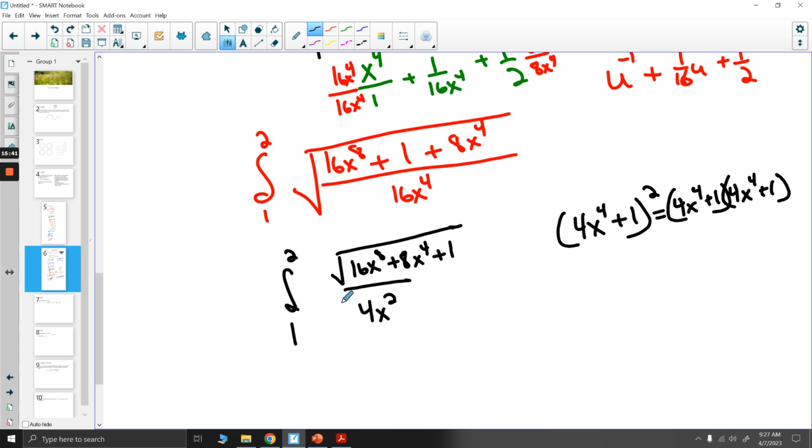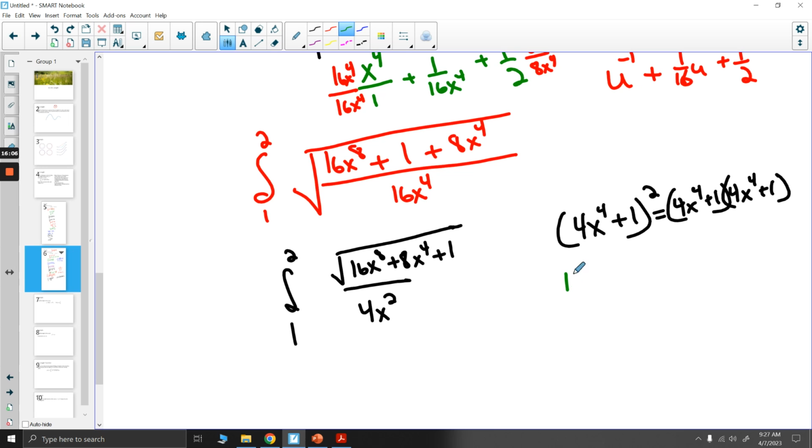I think that should do it. If I'm not sure, AC method factoring: 16 times 1, factors of 16 that add together to be 8, 4 and 4, split it up. But I think I could actually just see that one. So 16x to the 8th plus 4 plus 4x to the fourth is 8 plus 1. So that does check out. Again, we could use AC method to factor it, I just can see that perfect square here.